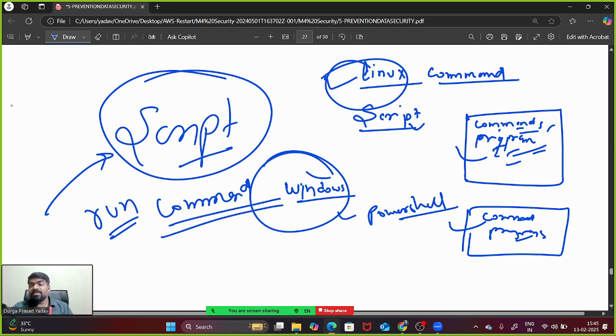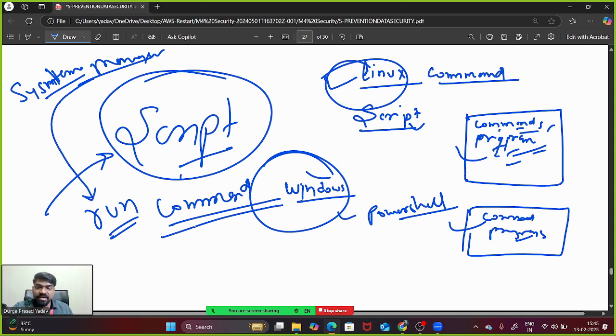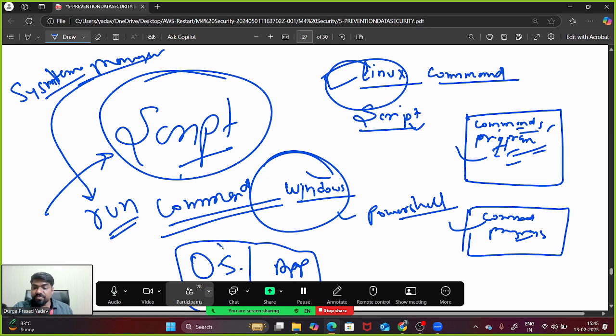And what AWS Systems Manager does here with Run Command is run some commands or scripts for your resource. It can be your OS or application, anything. Let's say for now it is the OS. For this OS, Systems Manager will run some commands and programs so that if any weakness is there, it can be fixed after running this command.